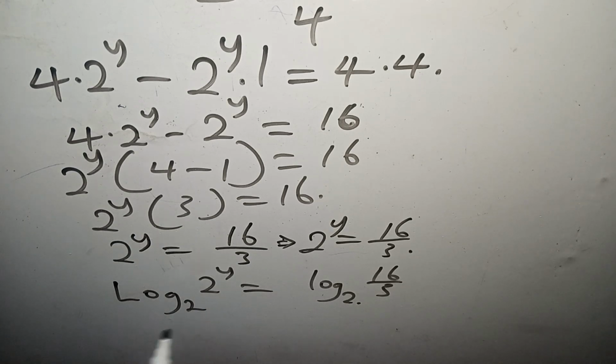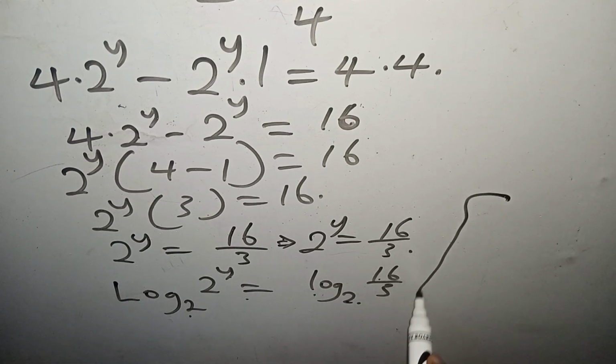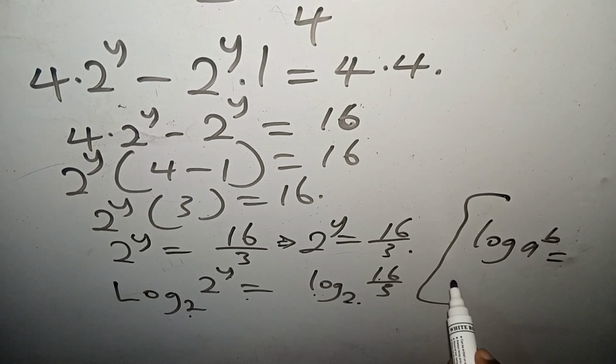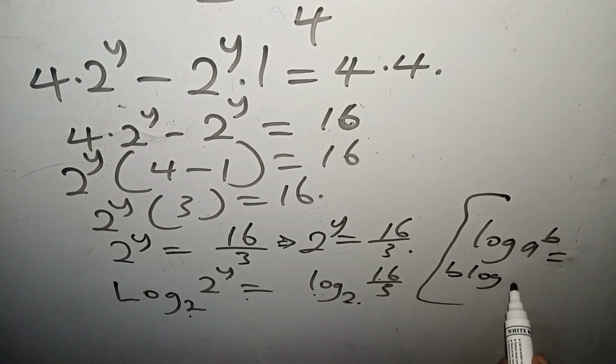So this is exactly what I'm trying to say. Log 2 to the power of y base 2 is equal to log 16 all over 3 base 2. So having done this, what are we simply going to do? From the principle of indices, which says if we have log a to the power of b, it is also equal to b log a, in base c.